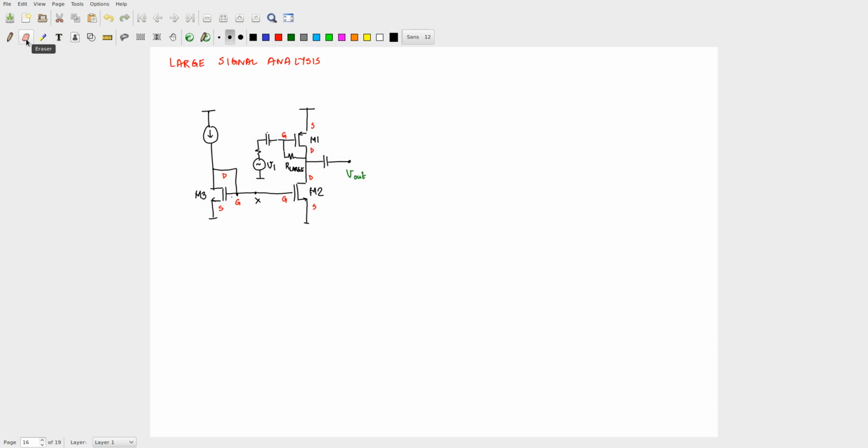Okay. Now, in this particular circuit, the bias is such that, how does the transistor M1 get biased? Because you have some current flowing here, right. So, this current is some I1, that current is flowing through this M3.